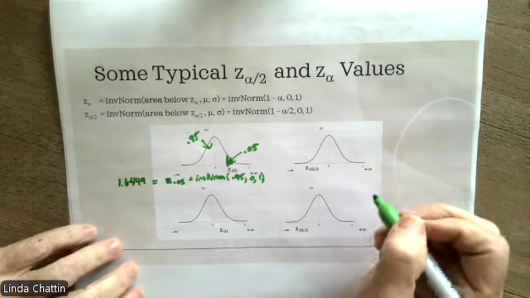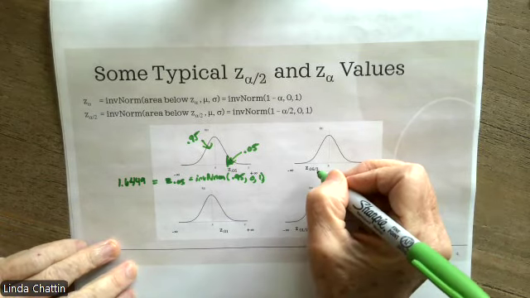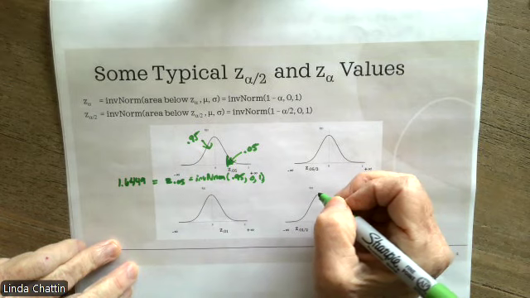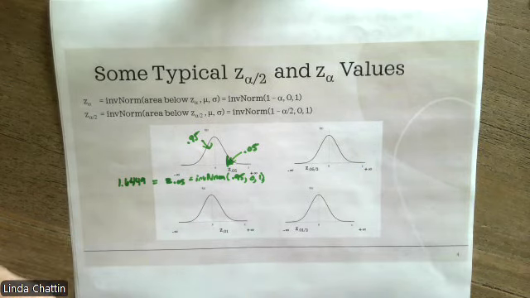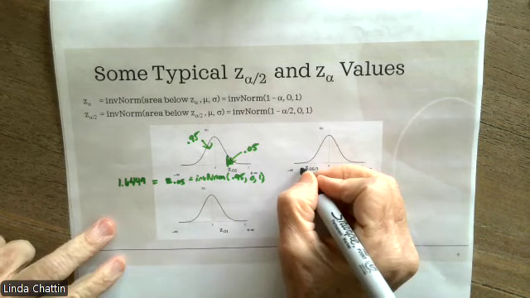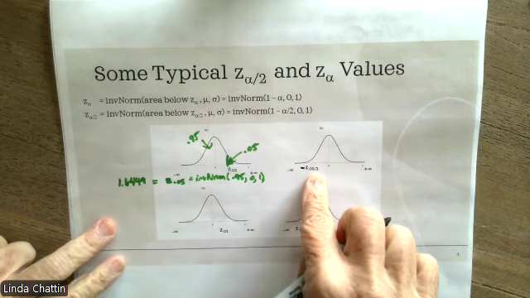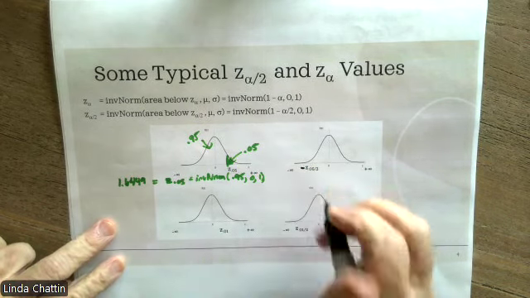Suppose I had a z, and there should be a negative sign here. So this would be negative z at 0.05 over 2. Remember, because this is 0, this would be negative.